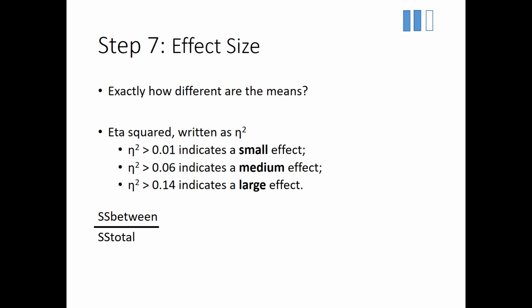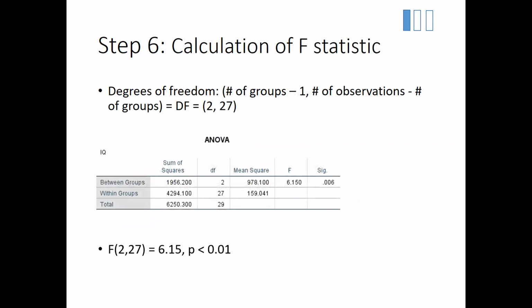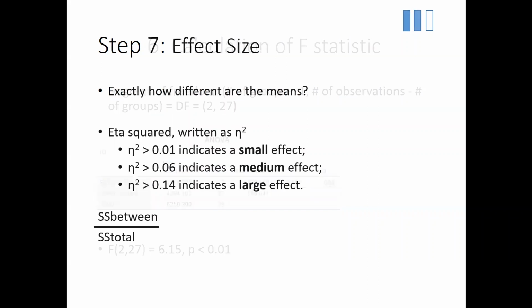You see that here at the bottom of the screen. So you'll divide 1956.2 by 6250.3. Who wants to do that for me? 0.3129.